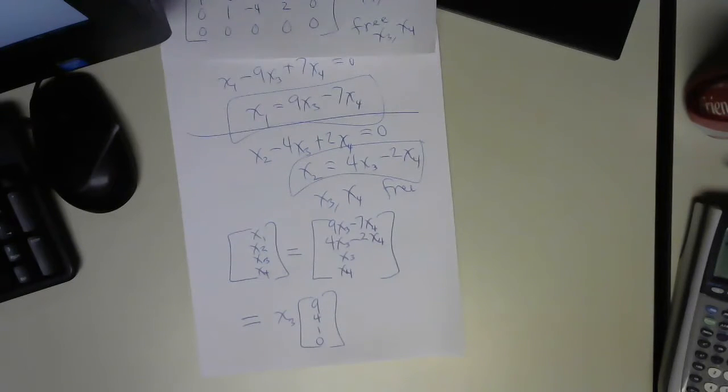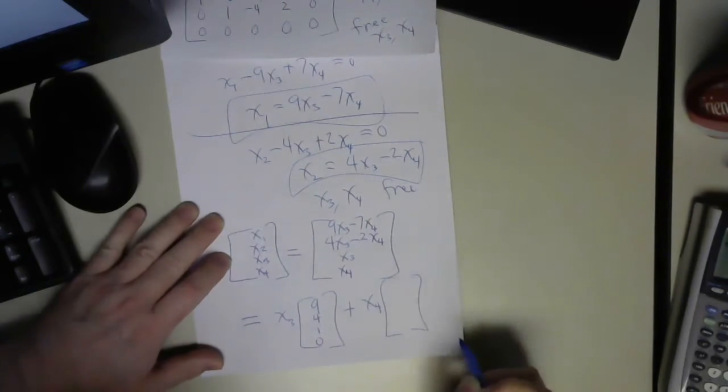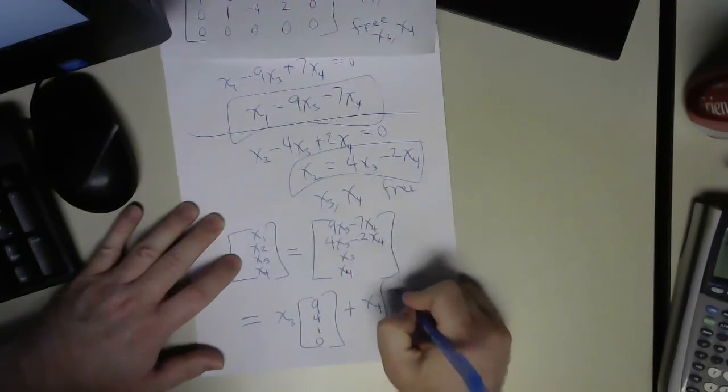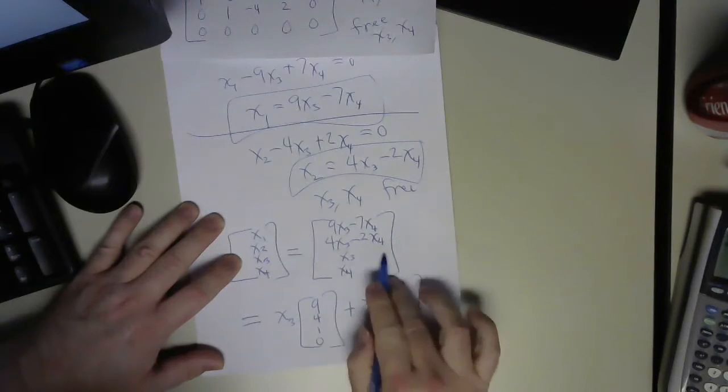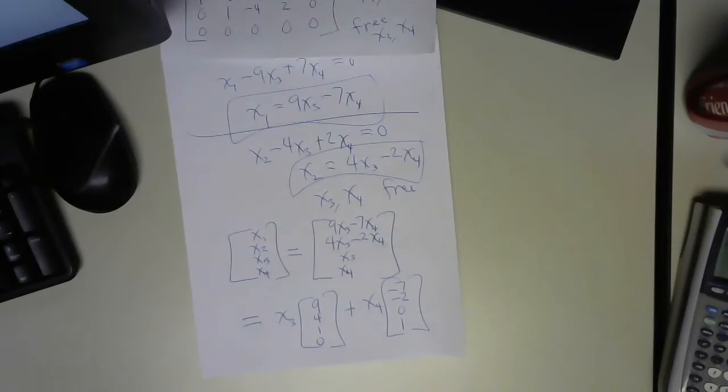And now factor out the x4 and write down all the coefficients of x4. It looks like -7, -2, and that's a 0 for x4, 0, 1. So that is the general solution of the system. And just keep in mind that x3 and x4 are arbitrary.